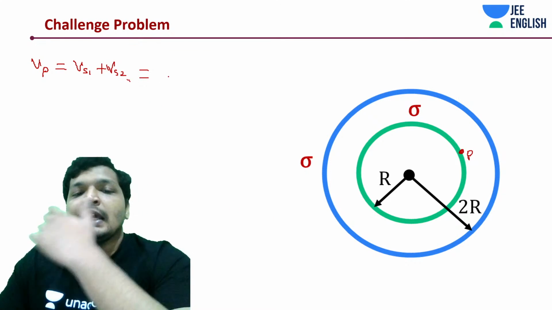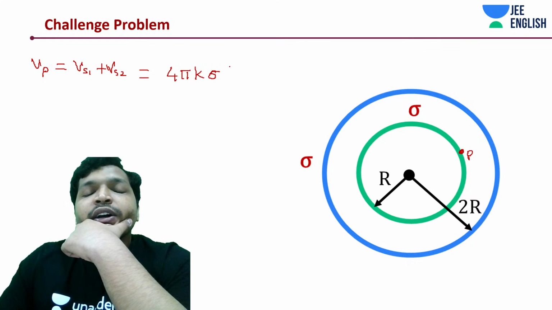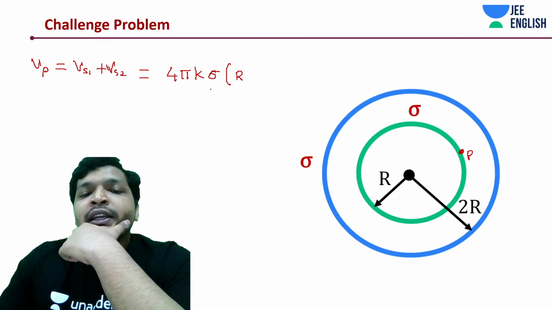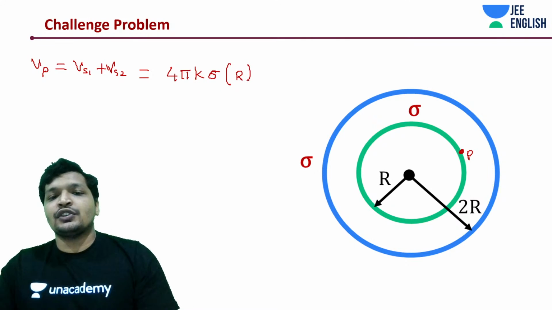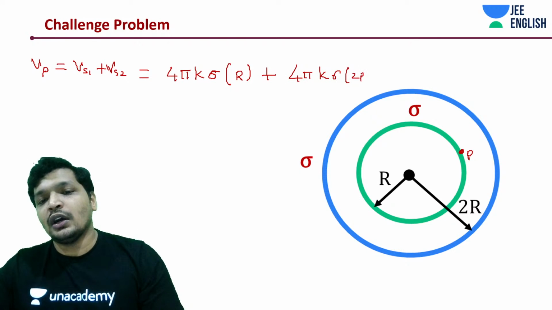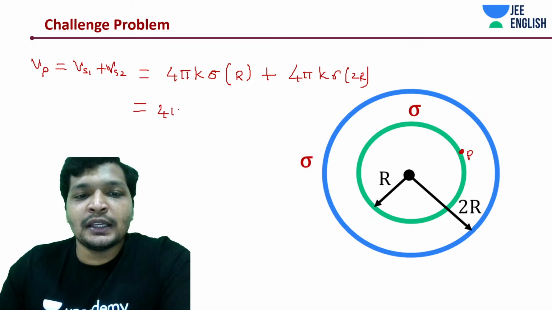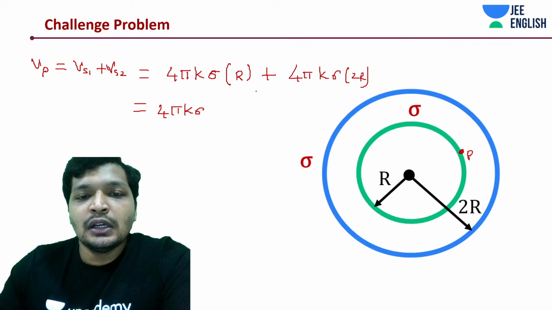We had 4 pi K into sigma into R, and we add 4 pi K into sigma into 2R. Just take out 4 pi K sigma as common: 4 pi K sigma, R plus 2R.